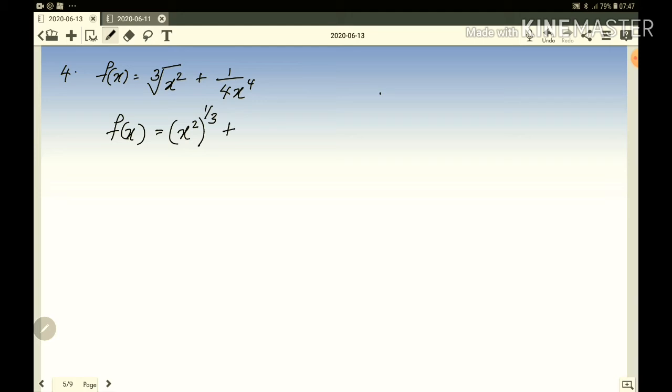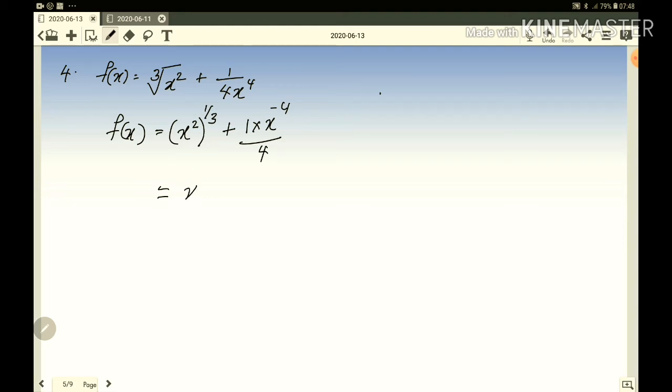Plus here, the second term also has x in the denominator. So x and the power will go up. That is 1 times x to the power minus 4, leaving 4 alone here in the denominator. Now I have to open the bracket because two powers are there, one power inside and one power outside. So when you open the bracket, you have to multiply.